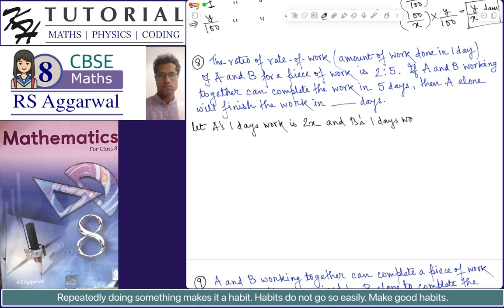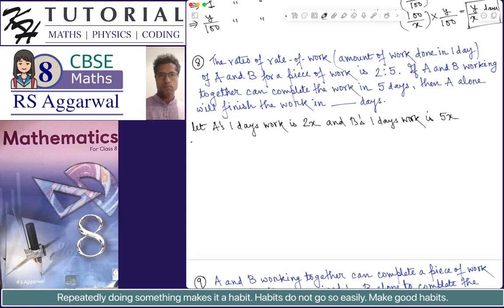Now 1 day's work means the rate of work. So we are assuming, based on the given ratio 2 is to 5, that A's 1 day's work is 2x and B's 1 day's work is 5x.